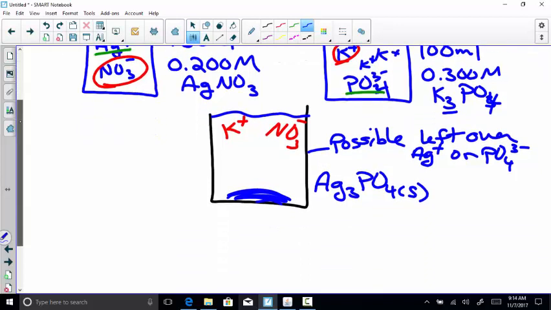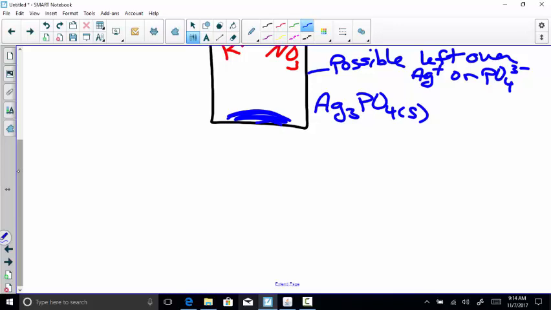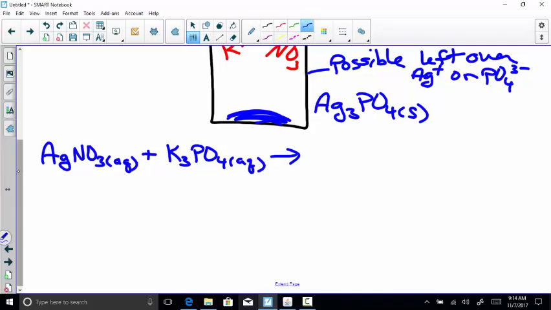The next question says to write the molecular and ionic equation. So the molecular equation is going to be the silver nitrate, which is aqueous, plus the potassium phosphate, which is aqueous, should equal potassium nitrate, which should be aqueous, plus the silver phosphate, which should be solid.